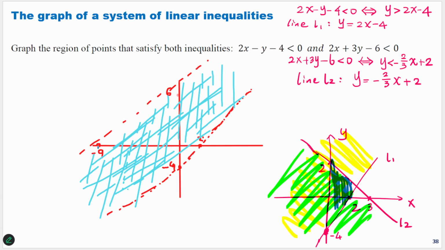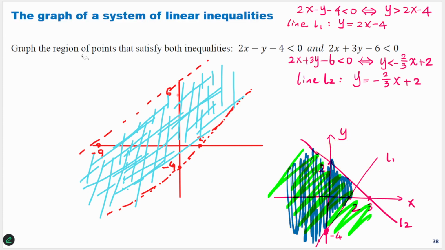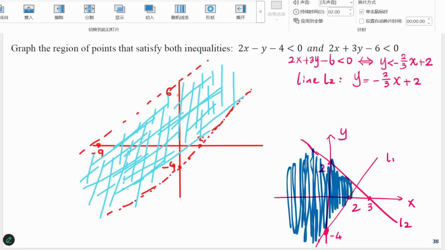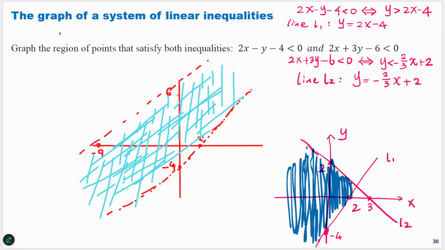This is the overlapped area, which corresponds to the system of two linear inequalities. Erase this, erase this. So this is the desired area. You see that?